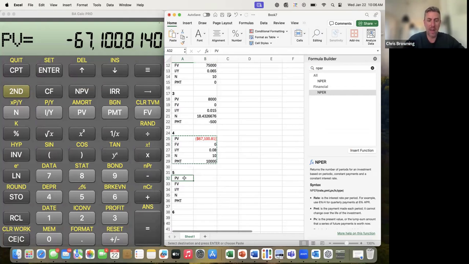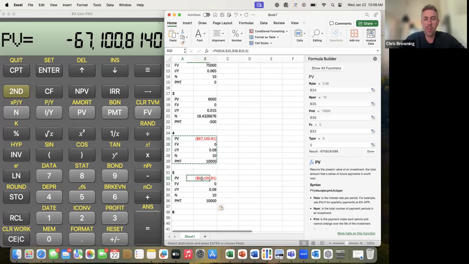So if you're using a Mac, Command V, or if you're using a PC, Control V. I just selected it by clicking and dragging my mouse, and then I copied it and inserted it into the cell that I wanted to work with.